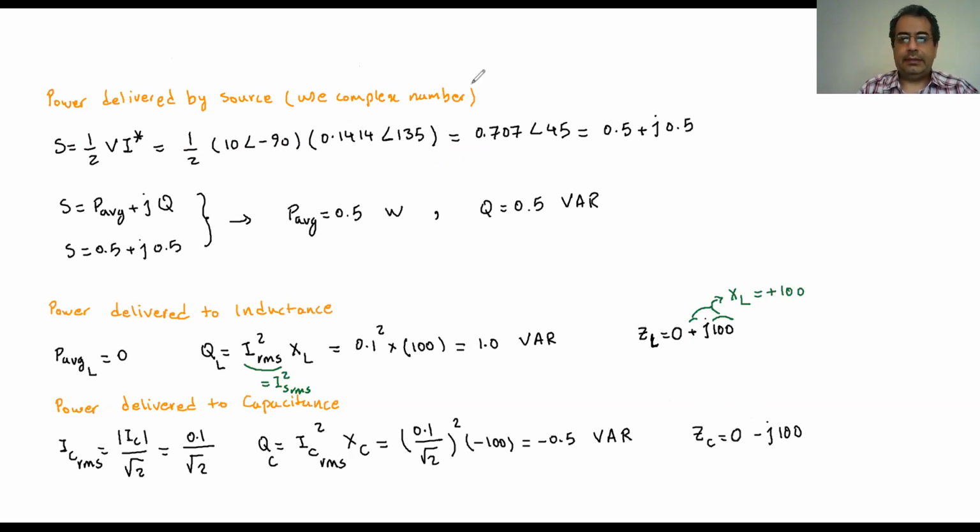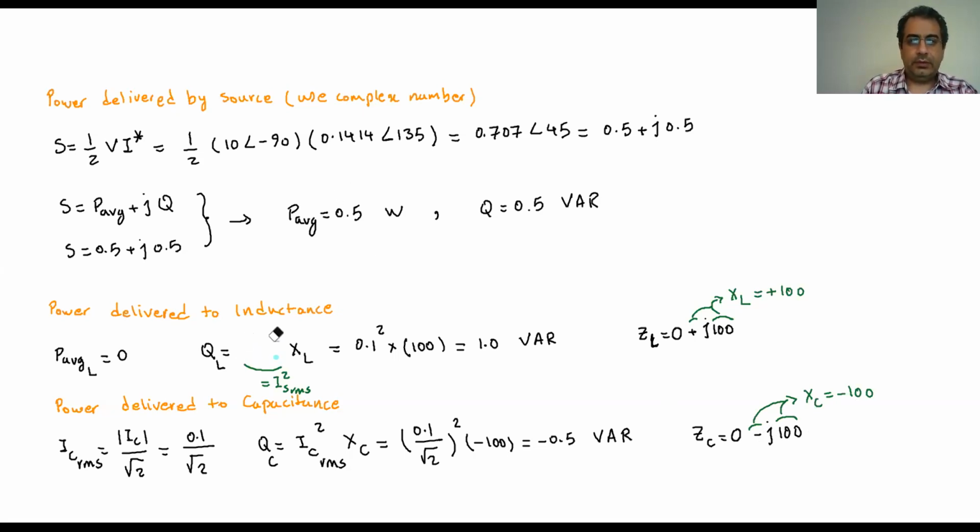And then X, this sign plus this, XC is equal to negative 100, the sign and the magnitude. Here also let me rewrite that so you're not going to get confused.